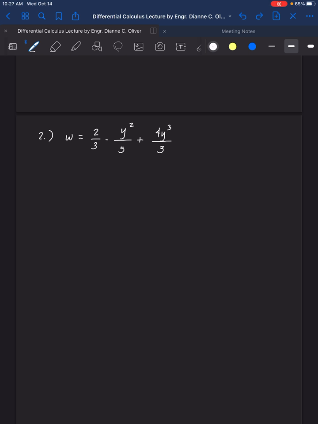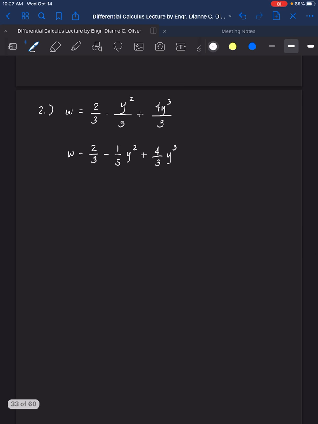What's simpler is that you look at the denominator part, it is constant. So we can have it like this. 2/3 minus 1/5 of y squared plus 4/3 y raised to 3. Okay, so it is a lot simpler than using the derivative of a quotient.